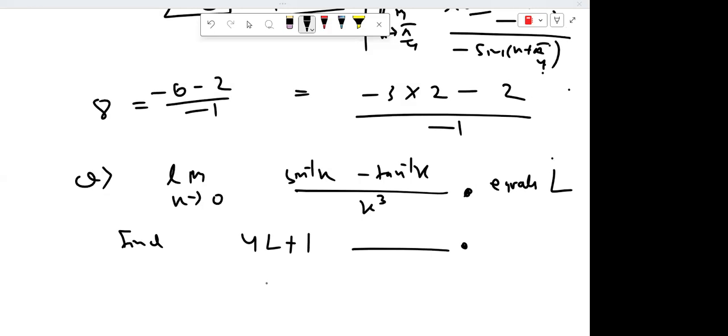You did some mistakes. Should I solve this? How did you solve this? So it was 0 by 0, then I did L'Hopital. Very good.